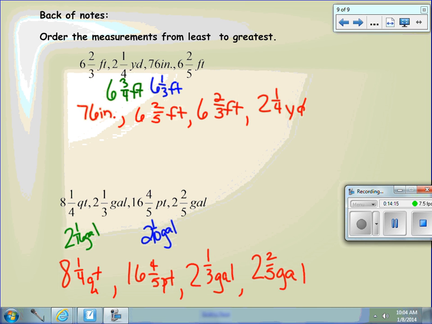In our final example, we converted 8 1/4 quarts to gallons, which is 2 1/16 of a gallon, and 16 4/5 pints into 2 1/10 gallons, and then ordered them from least to greatest: 8 1/4 quarts, 16 4/5 pints, 2 1/3 gallons, 2 2/5 gallons. So, using the techniques of conversion, we're able to order them from least to greatest.